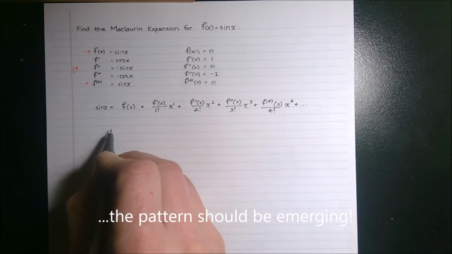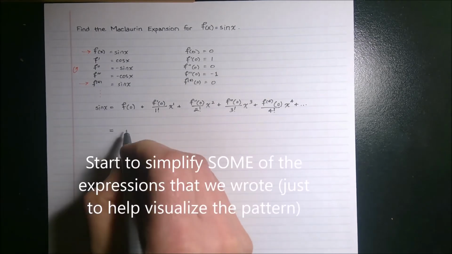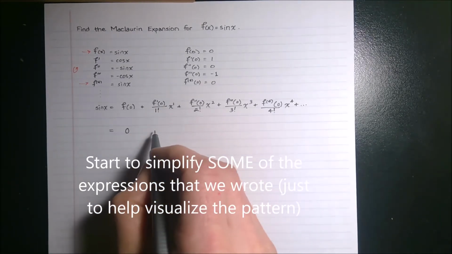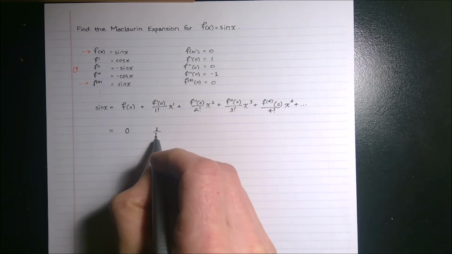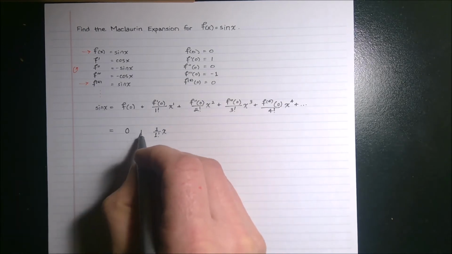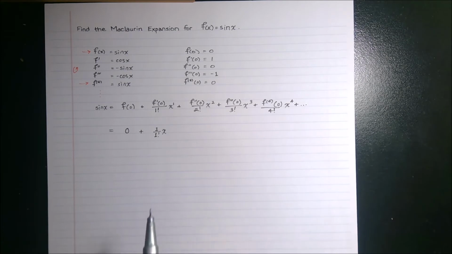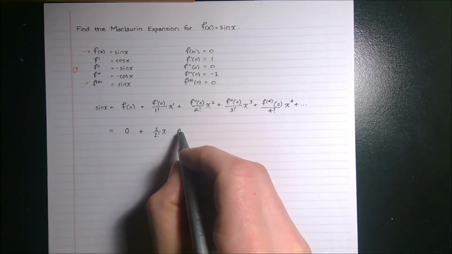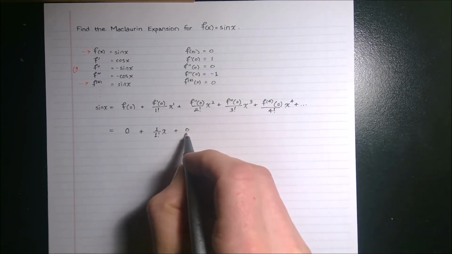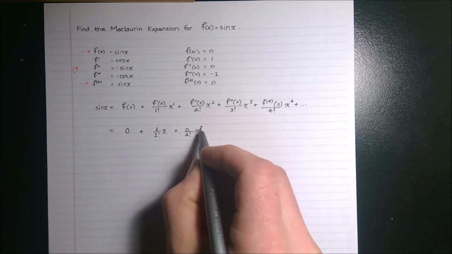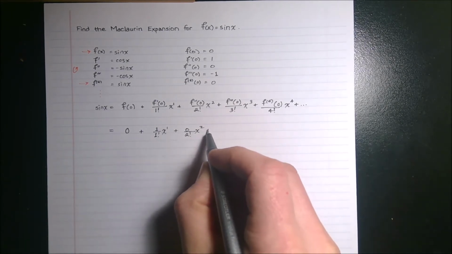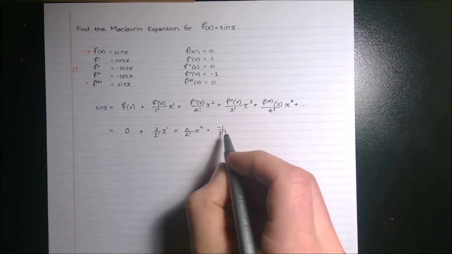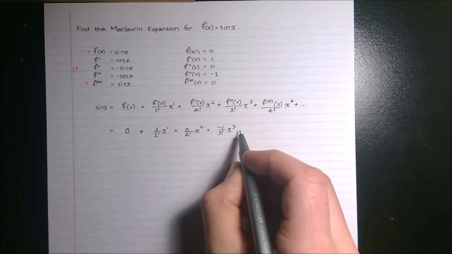I'm going to rewrite that by cleaning it up a little bit. F evaluated at 0 is 0. F prime of 0 is 1 over 1 factorial times x, and I'm going to stop writing extra stuff like that; we know that's just 1. Second derivative, that's simply 0 over 2 factorial times x squared. Then we've got negative 1 over 3 factorial times x cubed.